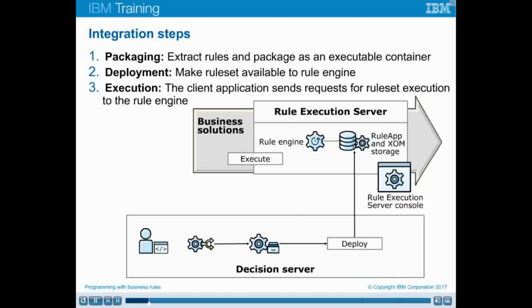The packaged rules are then deployed to the execution environment. And once the rules are available in the execution environment, the client application can call the decision service to trigger rule execution. How the client sends execution requests will vary according to the business solution and execution environment.